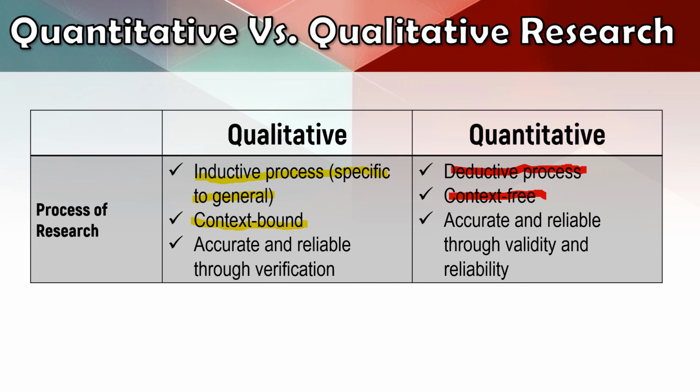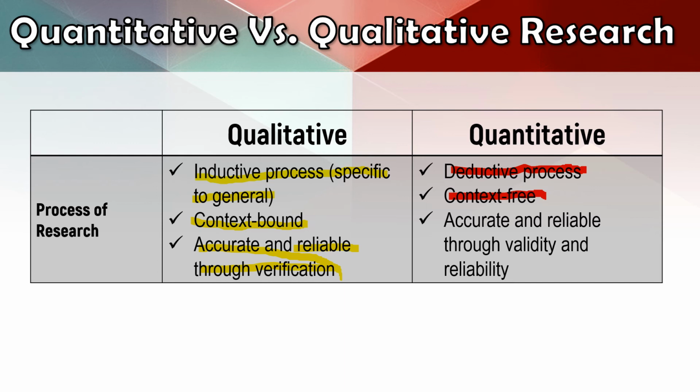Next, qualitative research relies on verification in order to achieve accuracy and reliability. So, for qualitative research, what we do in order to achieve accuracy and reliability is to verify the results.